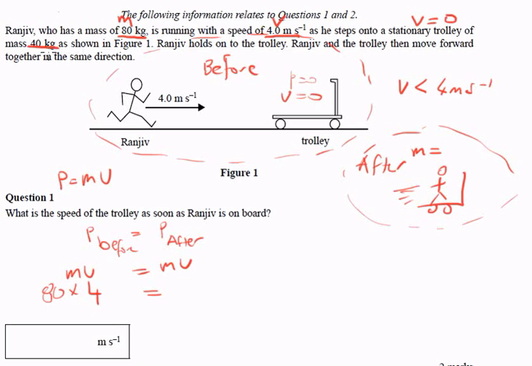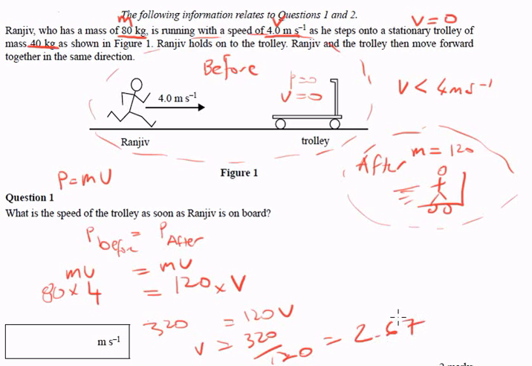Well, the trolley's 40 and Ranjev's 80, so the mass is 120. So 120 times some unknown velocity we don't know. Now we just have to solve for velocity. So 80 times 4 is 320, and that equals 120v. Rearrange to find v, you get v equals 320 over 120 equals 2.67 meters per second.